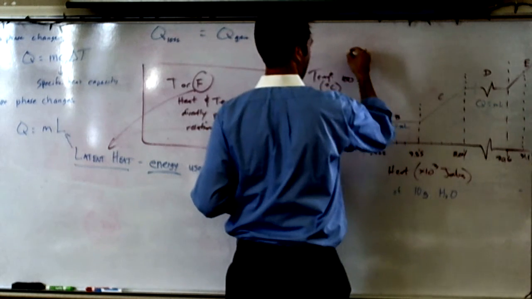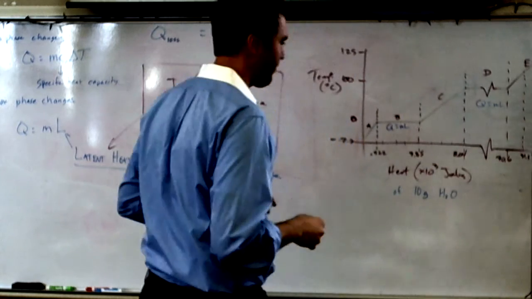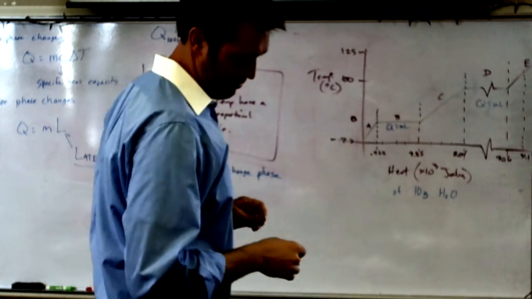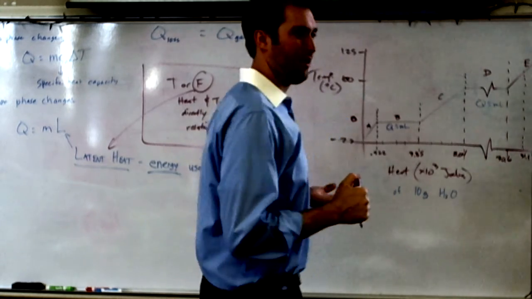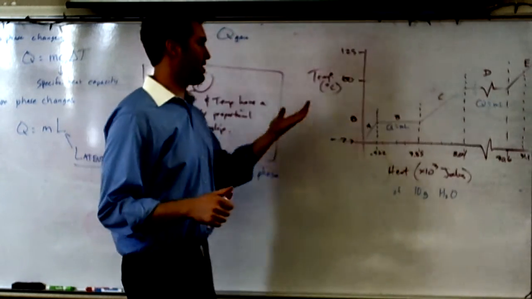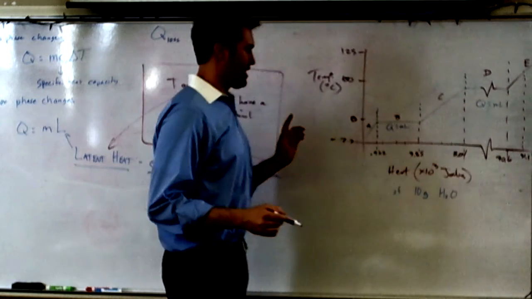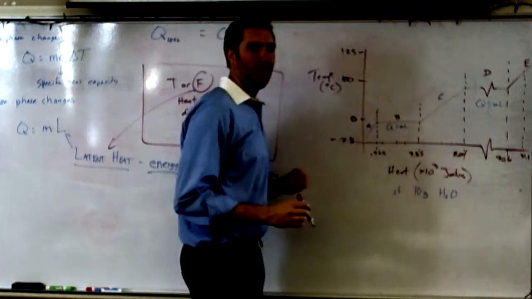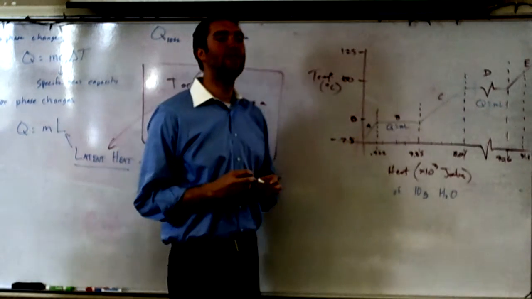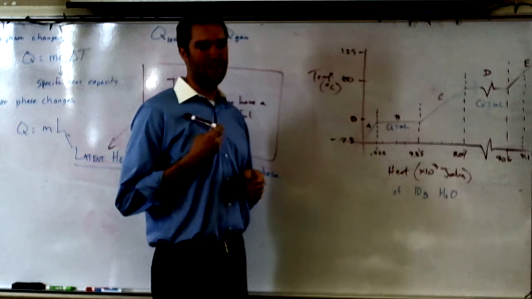And then this is probably somewhere around 125. 50 is just in the middle, I don't care about 50. So what this says is, to get water from -25 degrees C to 0.